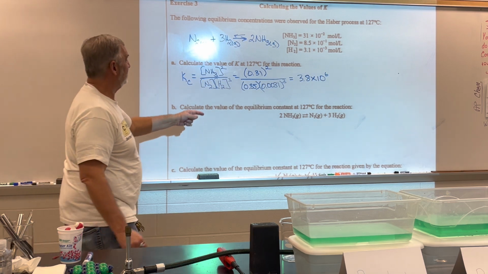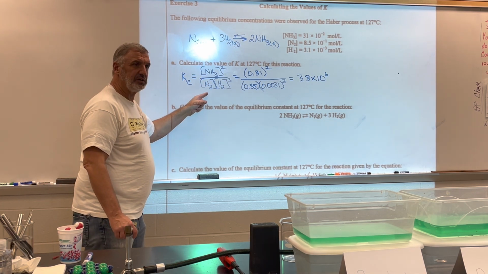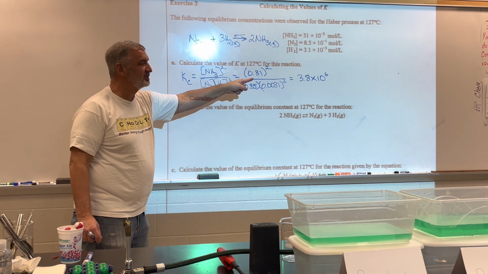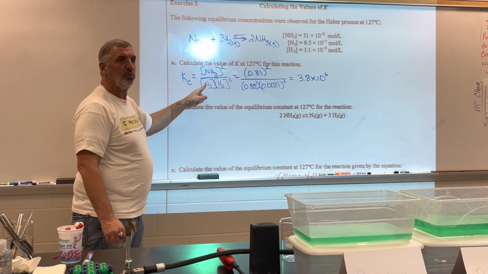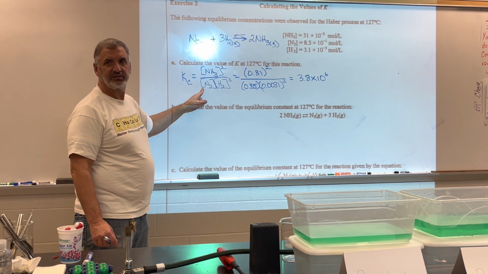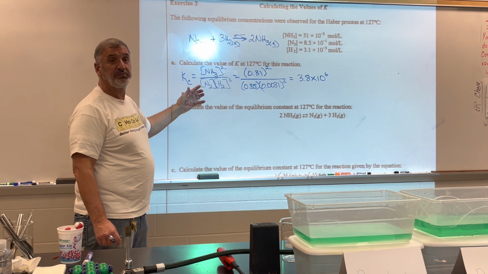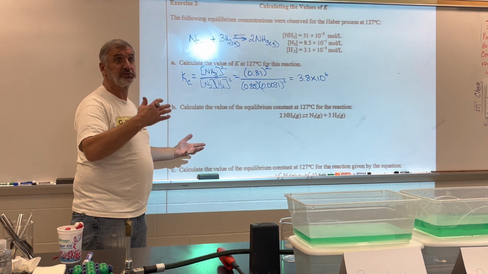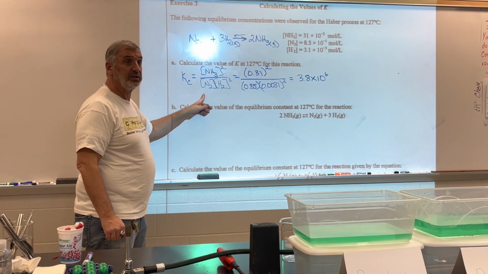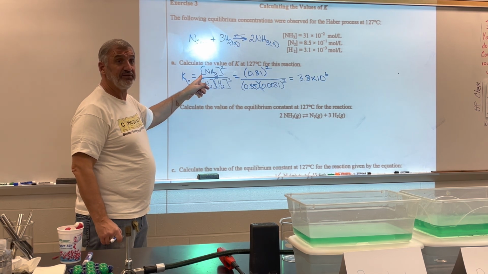Again, it's numerator versus denominator, products over reactants. Since the number is very big, the numerator is way bigger than the denominator. Way more products than reactants. So this would be very product favored. If K is greater than 1, it's going to be a product favored reaction.